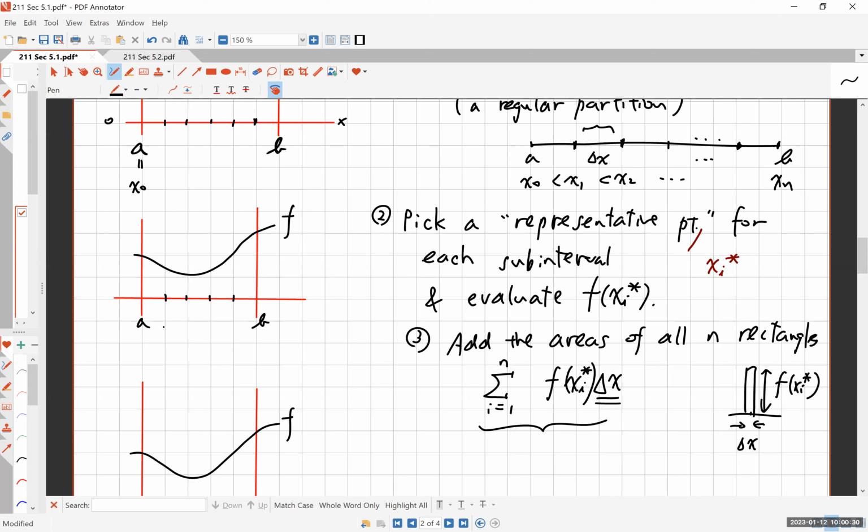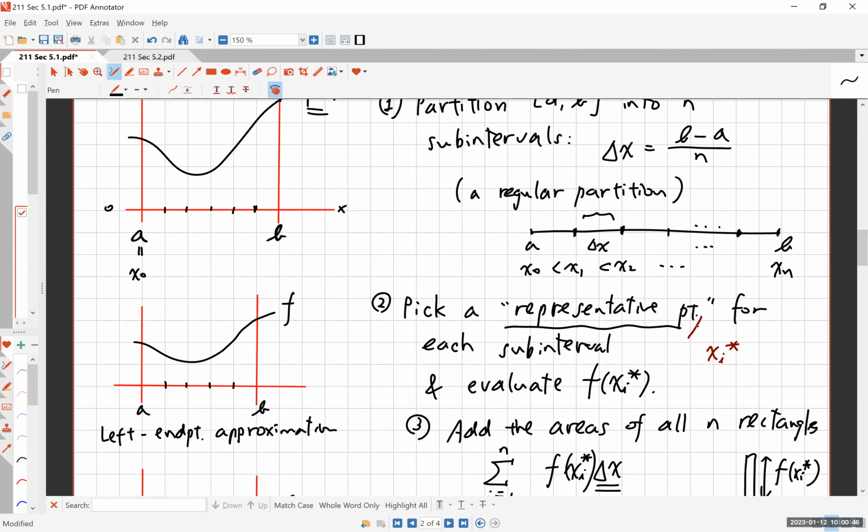So you have 5 subintervals. For the first one, I am going to do this thing called left endpoint approximation. What do you think this is? Remember, I said we have the freedom to pick the representative point. Basically, it's a point that represents each of these subintervals.